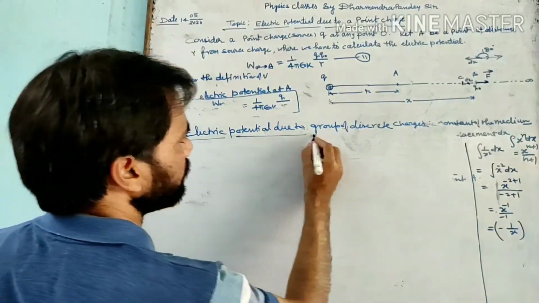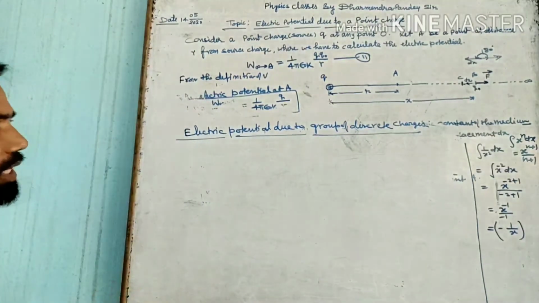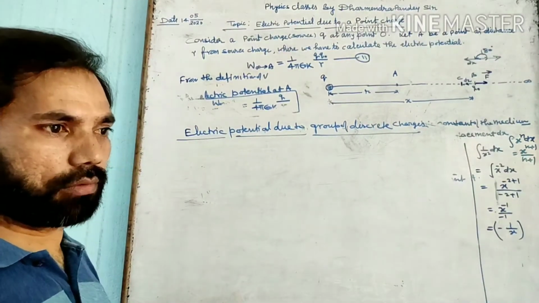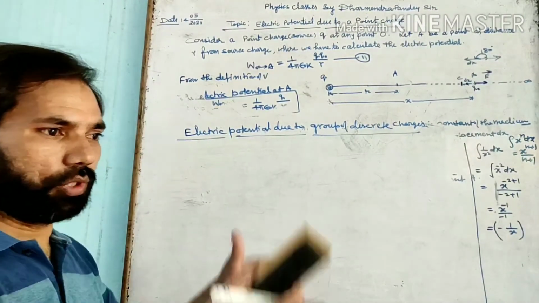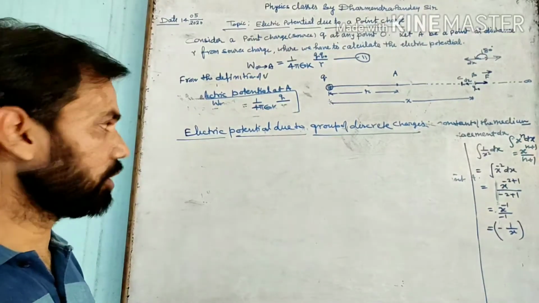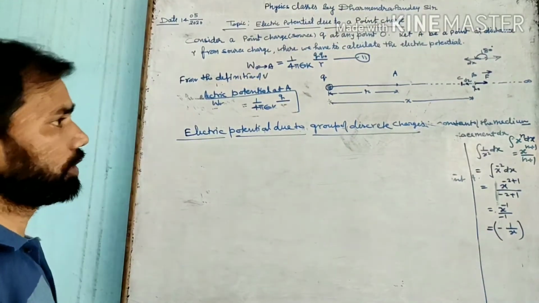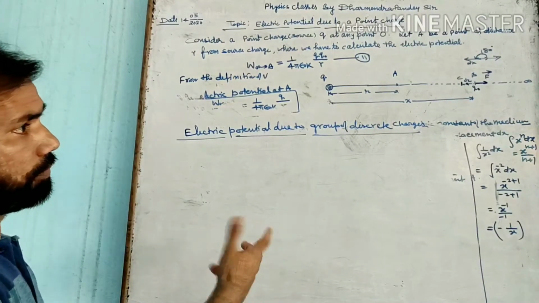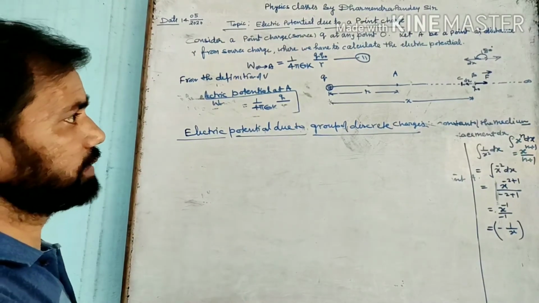As we know, electric potential is a scalar quantity. So if we have to calculate the electric potential due to different point charges at a fixed point, we must take not the vector sum, we have to take their algebraic sum.